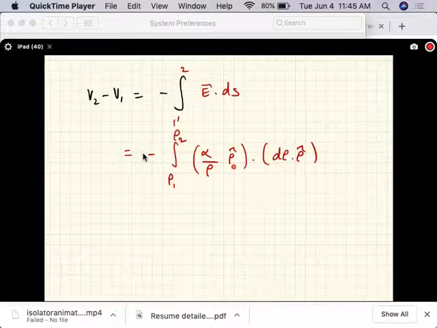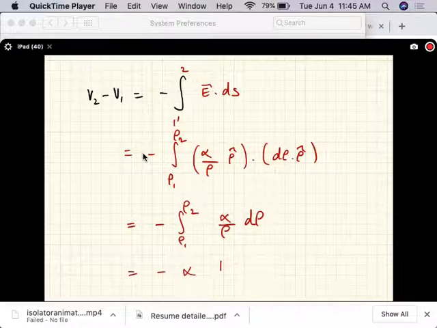Rho hat dot rho hat is 1, so this integral is just minus the integral from rho 1 to rho 2 of alpha rho d rho. And the integral of this is alpha times the natural log of rho 2 over rho 1.